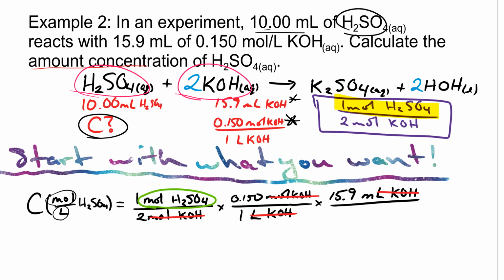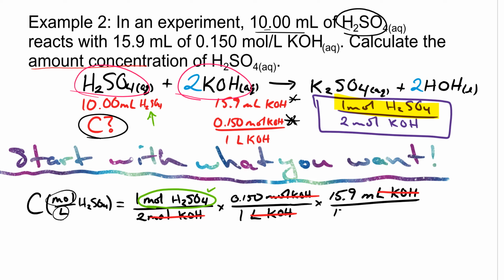This is pretty good. We have our moles of sulfuric acid. That's what we wanted. The only other thing we need are liters of sulfuric acid. Well, I see liters of sulfuric acid right here. So let's add that to the bottom of this last unit conversion.